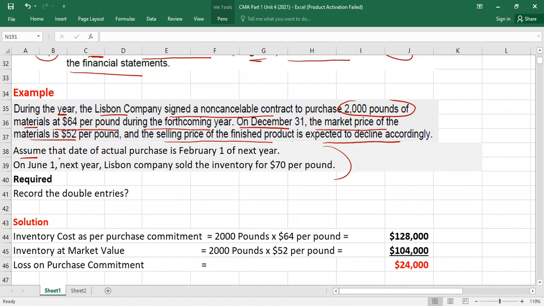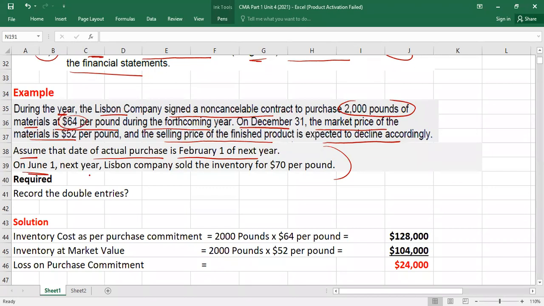Assume that the date of actual purchase is February 1 of the next year. Today I'm assuming before the year end. Before the end of the first year we signed the contract. There is a year end. And then on February 1 of year 2, we will buy the product, obviously at $64.